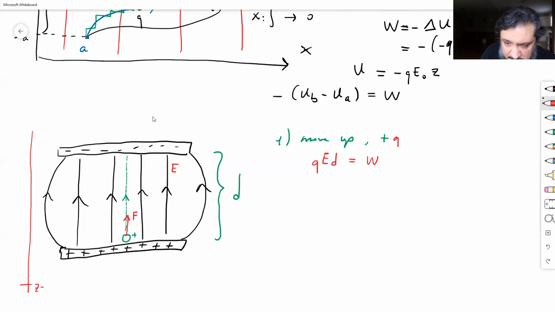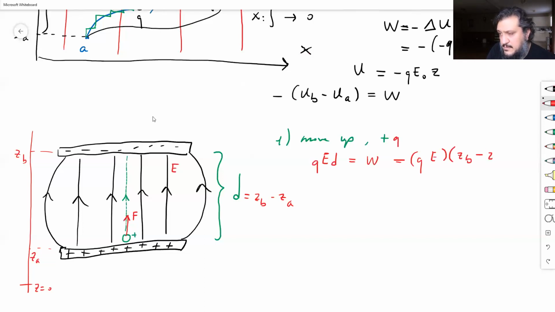This would be z equals 0, and this is z, what did we call it? A, right? And this one, zb. So d is nothing but zb minus za, right? So work done by the electric field is q e times zb minus za.